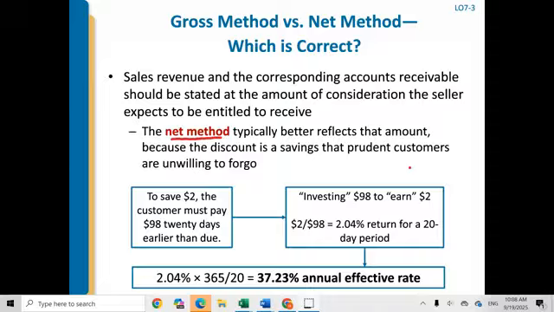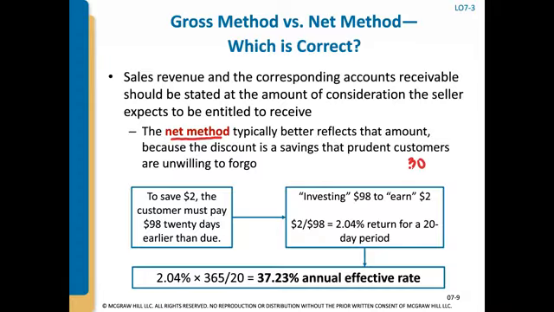Because if this customer can take advantage of the 2% discount, they will. A 2% discount doesn't sound like a lot of money, right? But just remember that 2% discount was just for paying 20 days early, right? So instead of paying within 30 days, you can pay within 10 days and get that 2% discount.